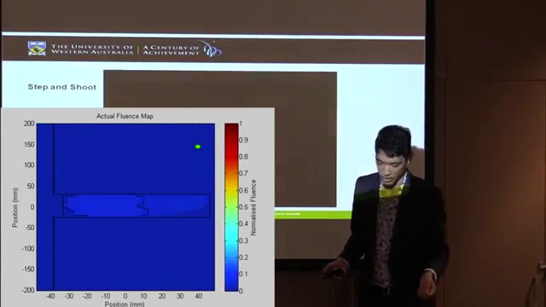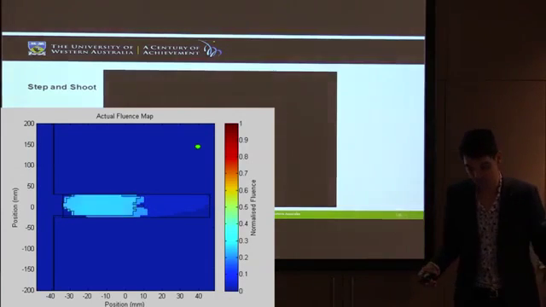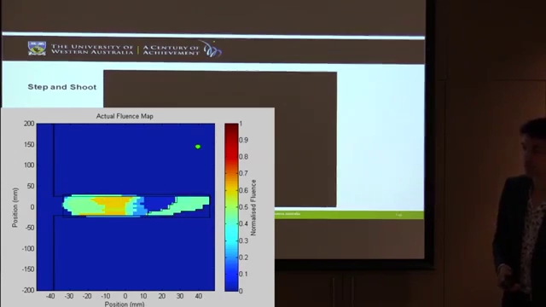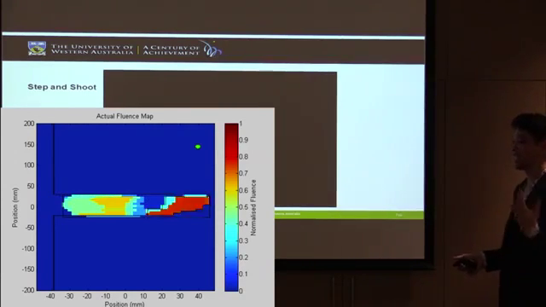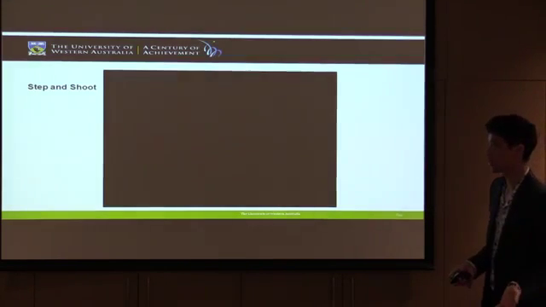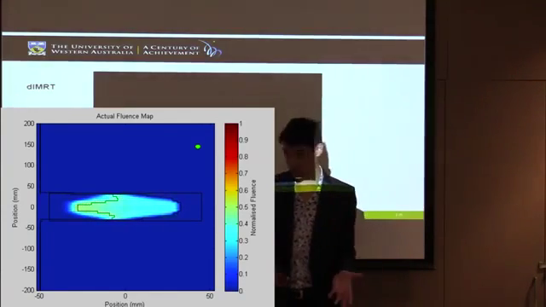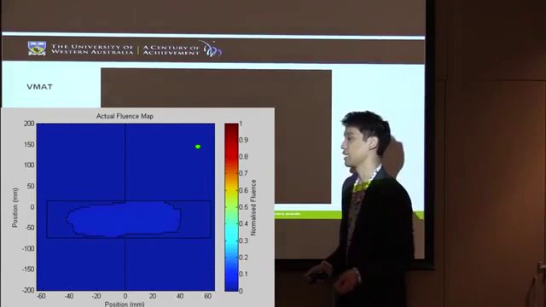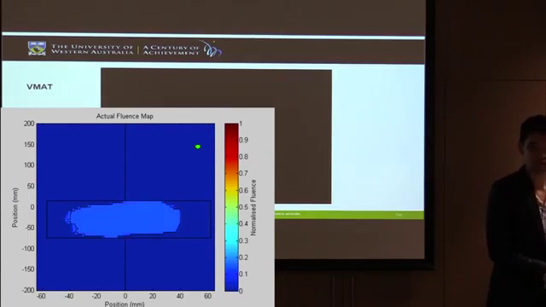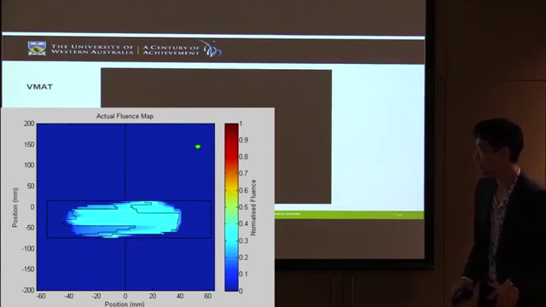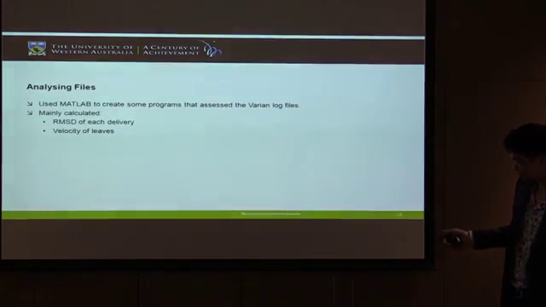Step and shoot, basically the leaves are moved into position, radiation is delivered, radiation is turned off, they move into the next position, the gantry is rotated, etc. Dynamic IMRT is the same thing, except the leaves get to move unidirectionally, and VMAT is anything goes. So the leaves are moving everywhere, the gantry angle is rotating a whole arc, and lots of radiation is being delivered.